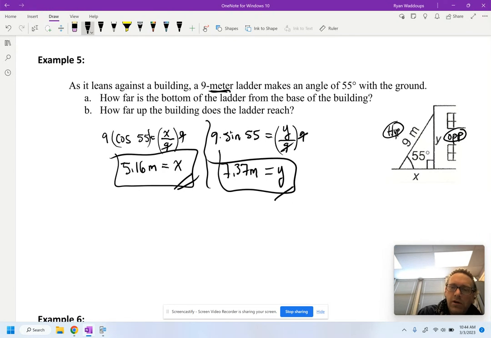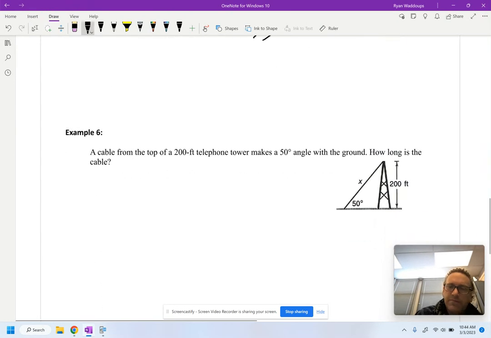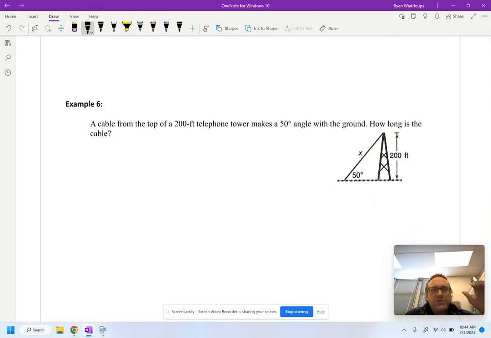Now we go to example 6. It says a cable from the top of a 200-foot telephone tower makes a 50-degree angle with the ground. How long is the cable? This is the cable. We're going to assume that this tower is at a right angle to the ground, as they typically are. And so this then is the hypotenuse.